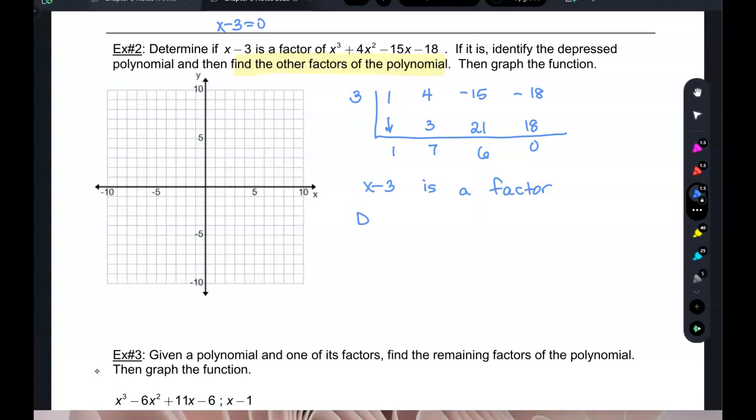So what's our depressed polynomial? It lost one of its factors, so what do we have left? What would this polynomial be? x squared plus 7x plus 6.